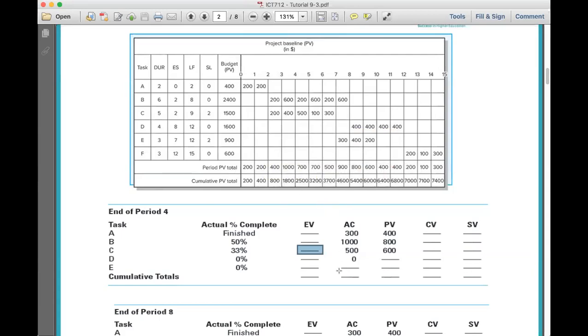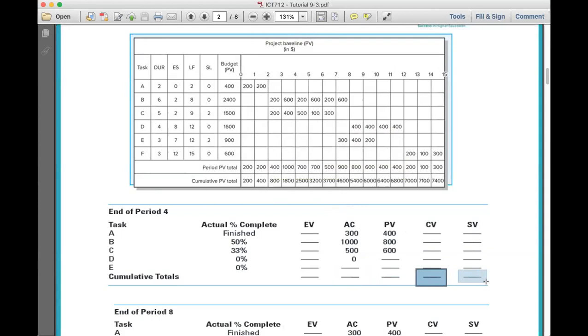Any other questions? Can you tell me what the cumulative actual cost would be? $1,800. What about here? 1,800 again. What about here? 295, or plus 300?